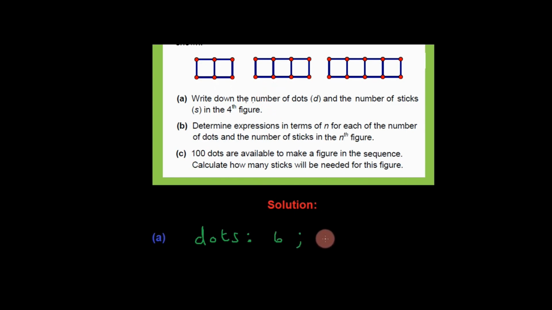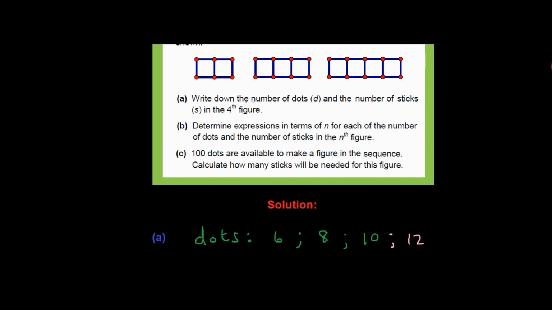In the second one, we have 8 dots. And in the third one, we have 10 dots. So clearly, this is an AP with common difference 2. So then, in the fourth figure, we'll have 10 plus 2, in other words, 12 dots.